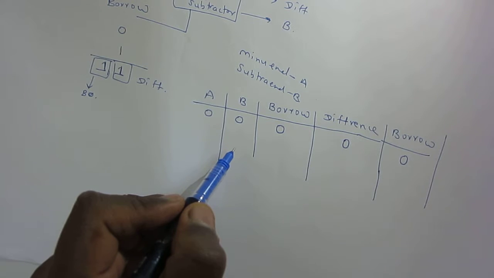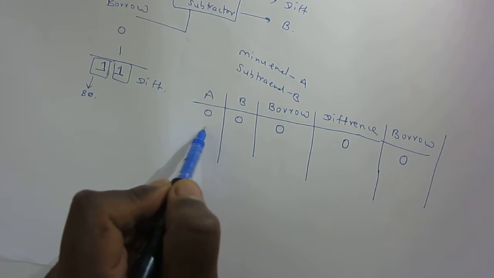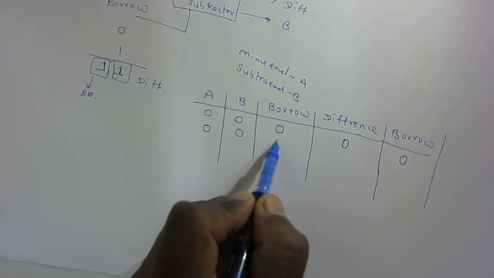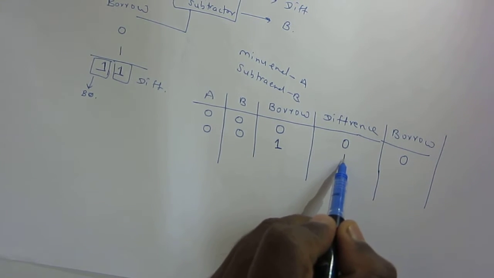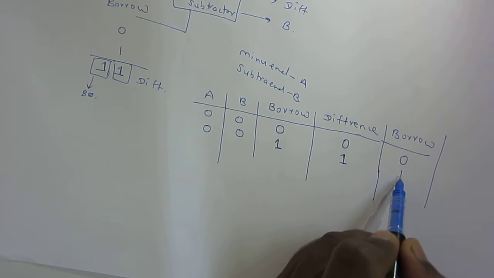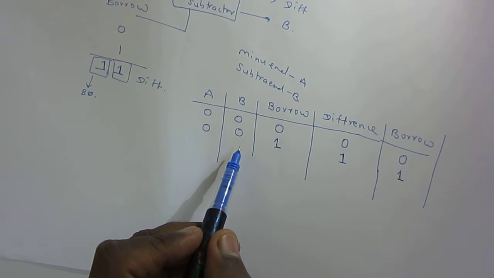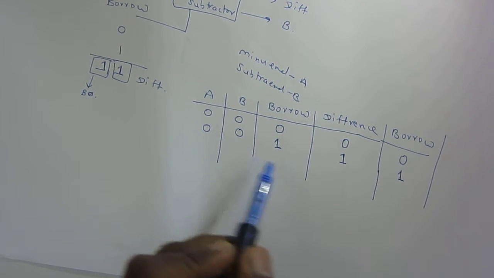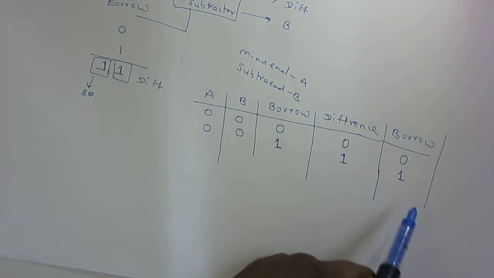On the other hand, if the minuend is 0, the subtrahend is 0, and the borrow input is 1, then the difference will be 1 and the borrow will also be 1. So this indicates that if we subtract binary 1 from 0, the difference will be 1 and the borrow will be 1.